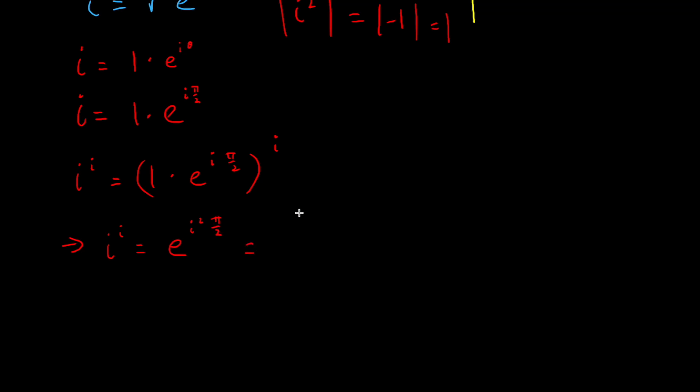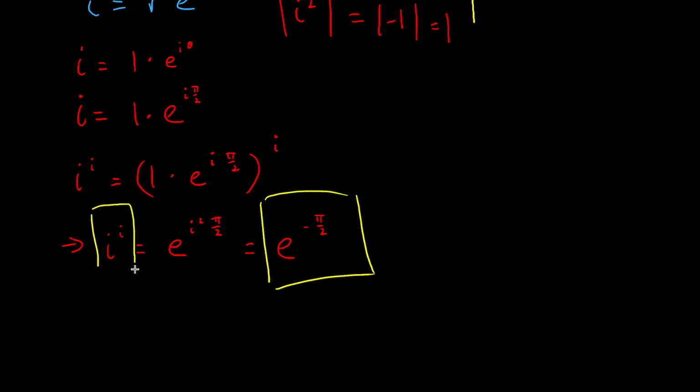But i squared is -1, so e to the power -1 times pi over 2, or e to the negative pi over 2. Hold on. This is a real number. This is an imaginary number raised to an imaginary number. That's insane.